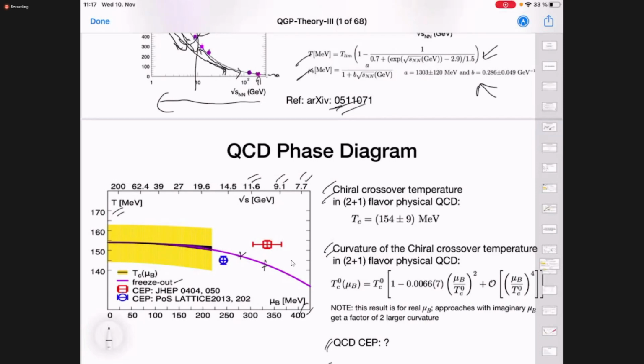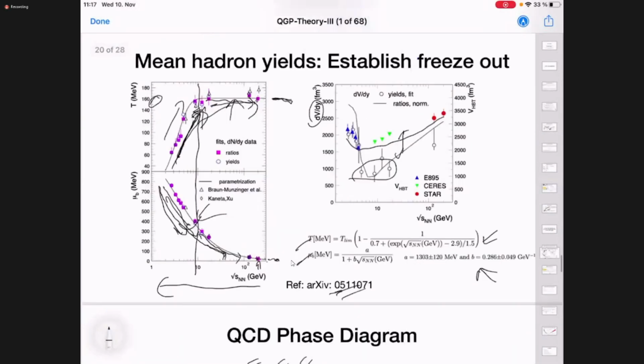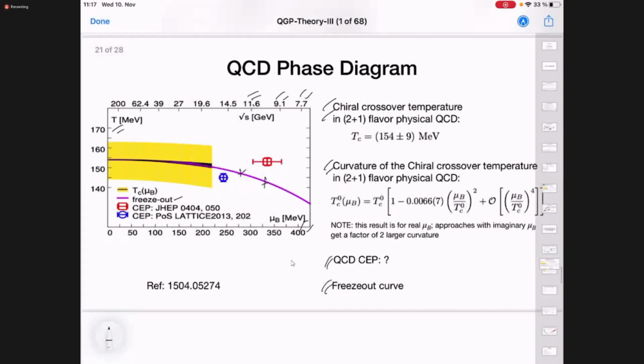So now this is the connection: at a given root S, you are finding a particular mu B and T. And then you come here and that's the root S. This is how you identify a given beam energy with a given T, mu B point on the QCD phase diagram, which is the freeze out point.